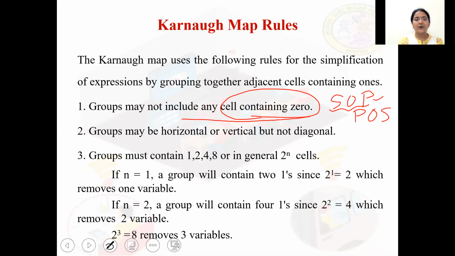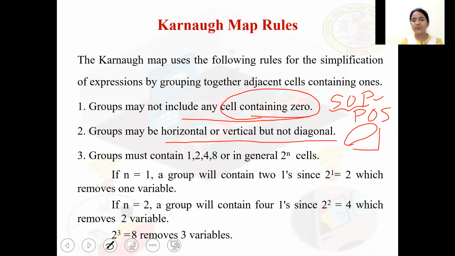Second rule, groups may be horizontal or vertical but not diagonal. We have to group only horizontal or vertical cells, but not diagonal, which is wrong because these two diagonal cells are not adjacent to each other.